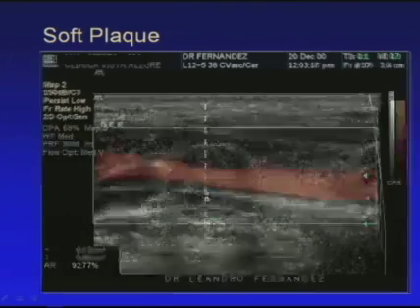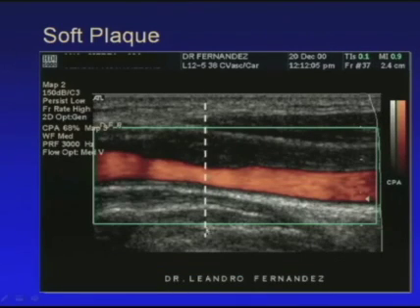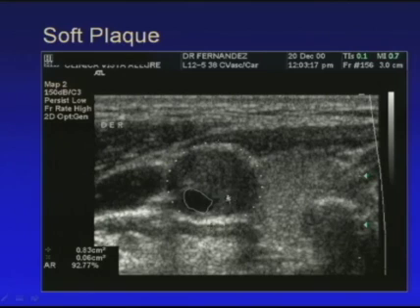Only here we have patency of the flow. This is the transversal view. And this is very important because we have to determine the grade of obstruction, the grade of stenosis, and I will discuss how we can perform this estimation.